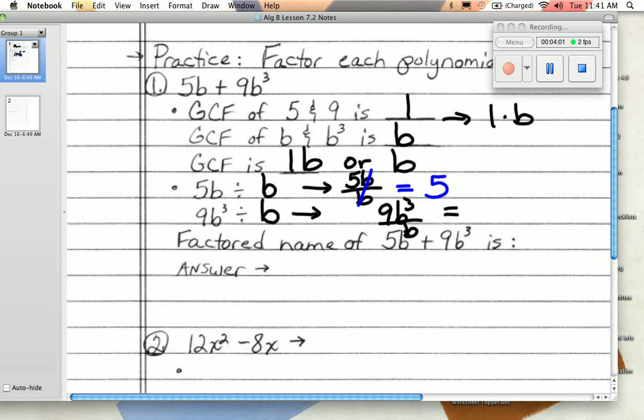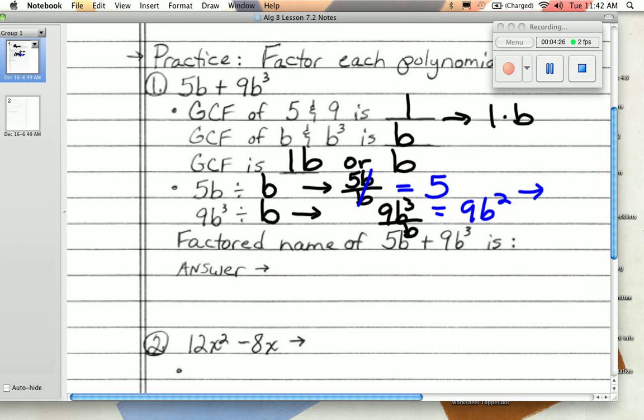So 9b cubed divided by b, that 9 can't be divided by anything, so it's going to stay 9, and b cubed divided by b is b squared. Equals 9b squared.